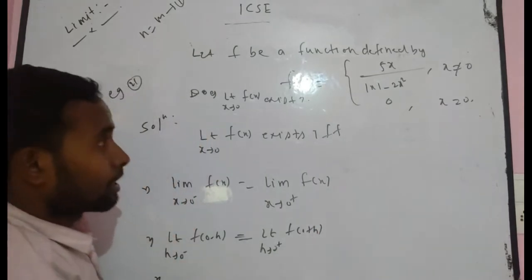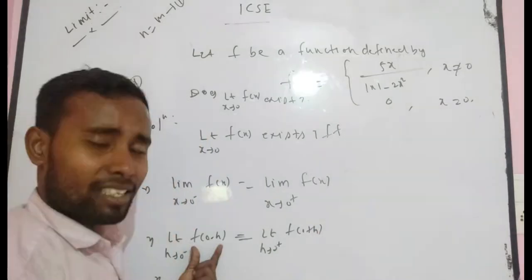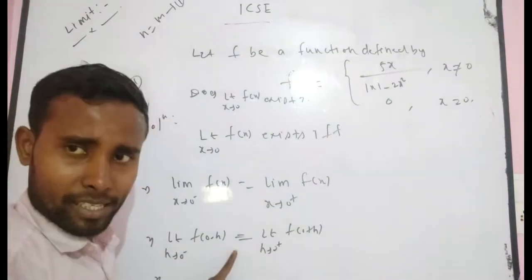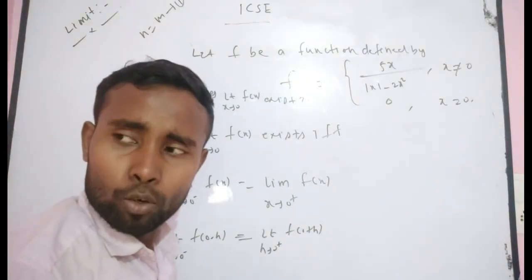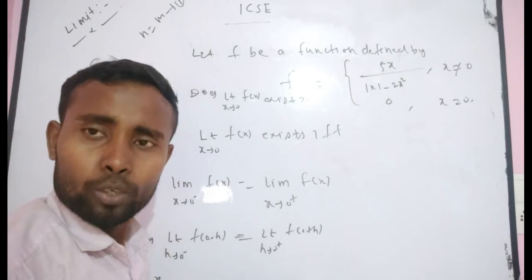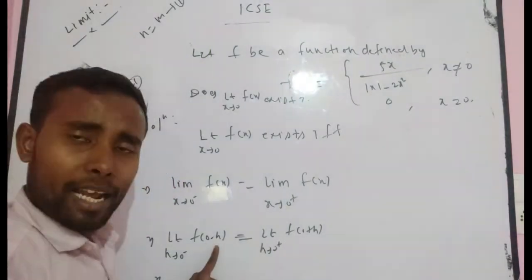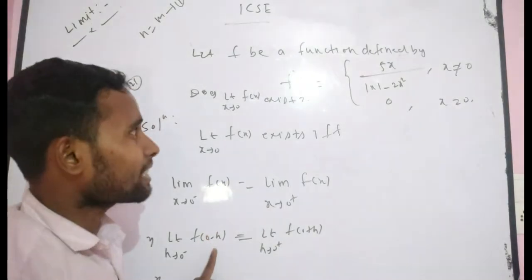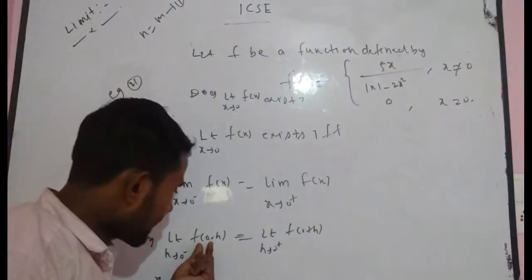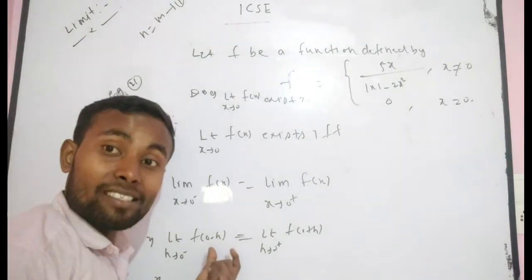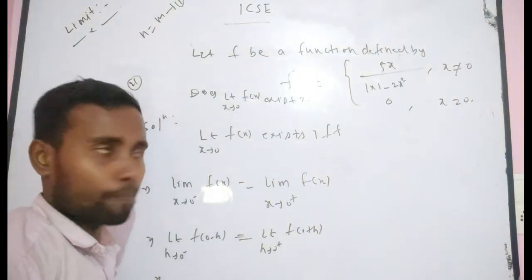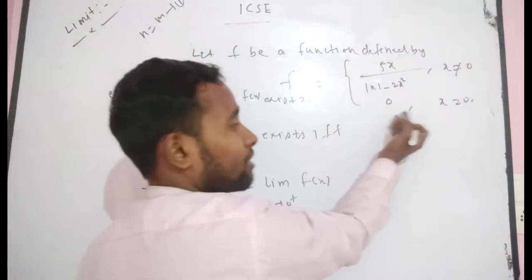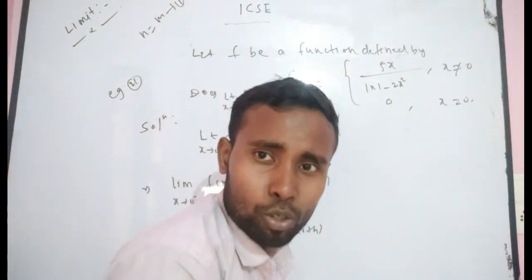Now you have to replace x in f(x) by 0 minus h. That means you can ignore 0 and you have to put in f(x) simply minus h. Now you have to choose the function. It says that x is slightly less than 0. The function is categorized into two parts. When x is equal to 0, you choose f(x) equal to 0.